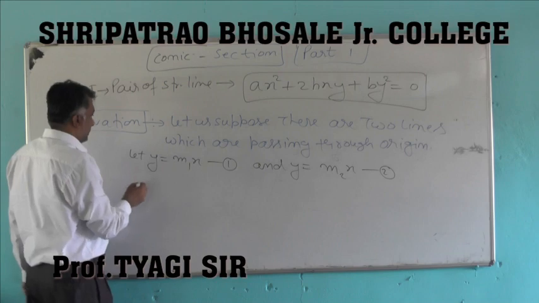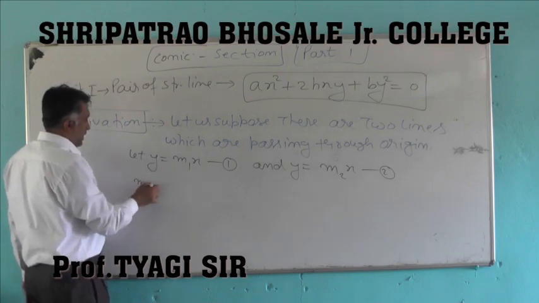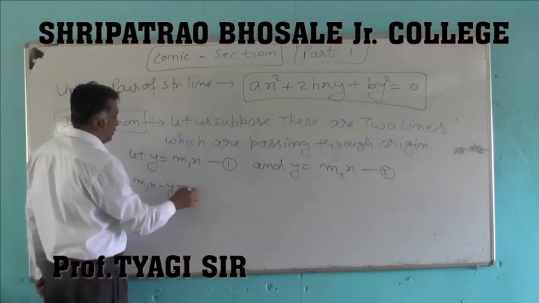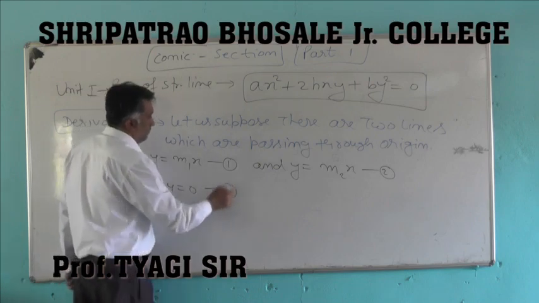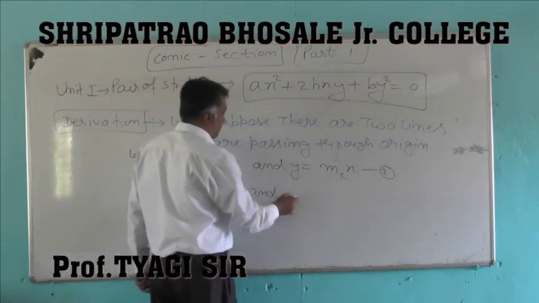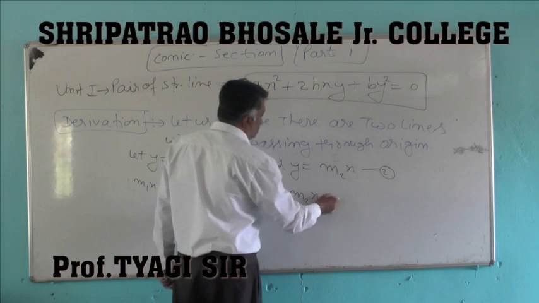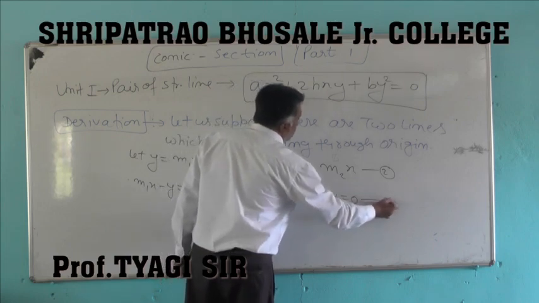We can write them as m1x minus y equal to 0 and m2x minus y equal to 0.